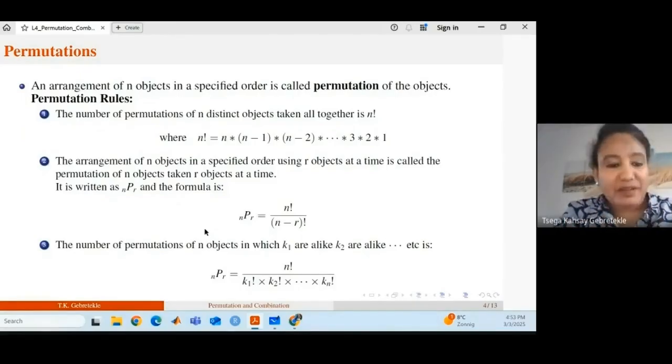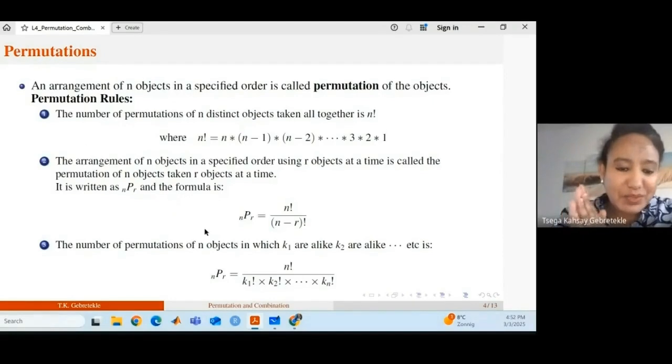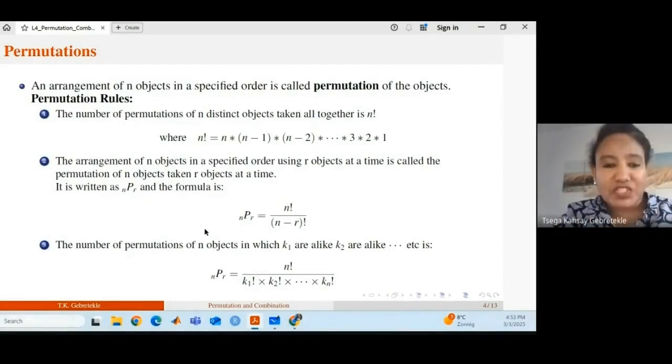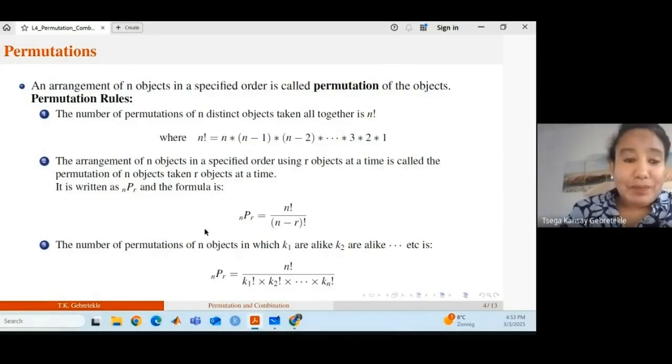Arranging mathematics books in the first row and statistics books in the second row is different from arranging statistics in the first and mathematics in the second. So there are formulas to calculate the number of permutations.